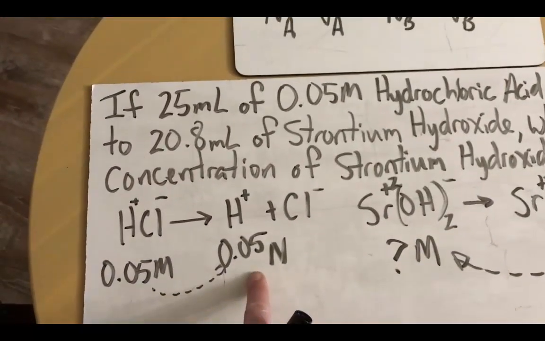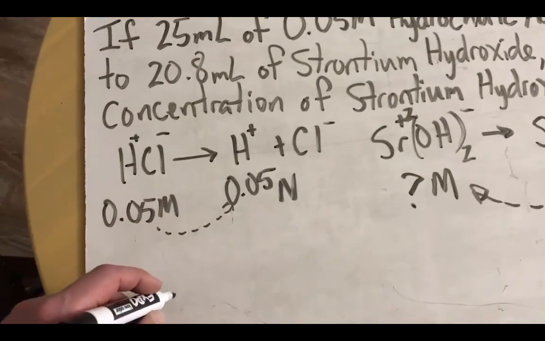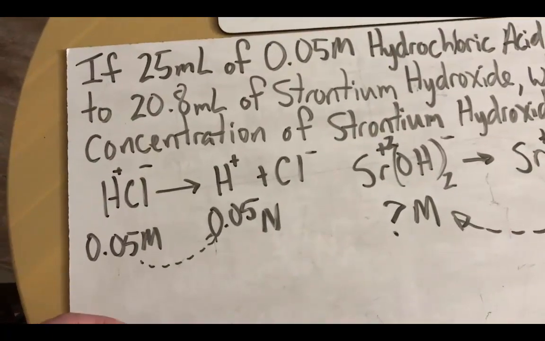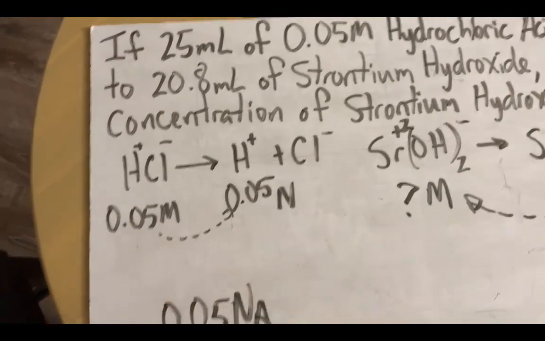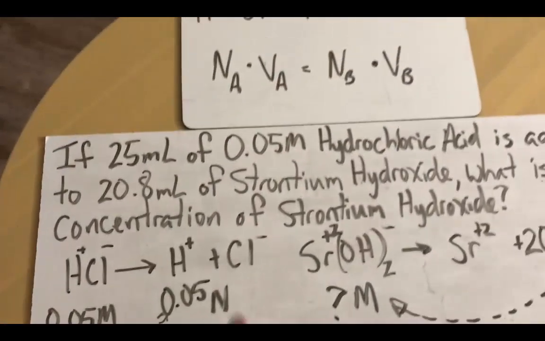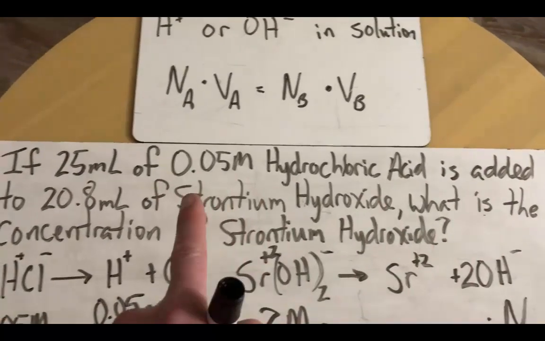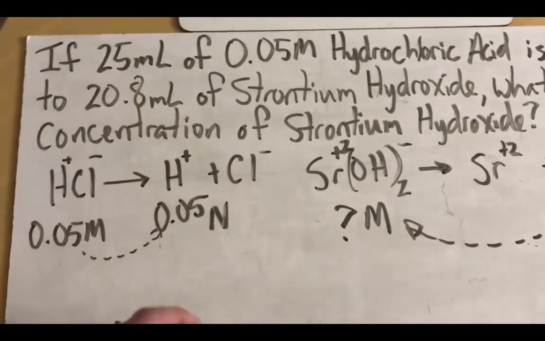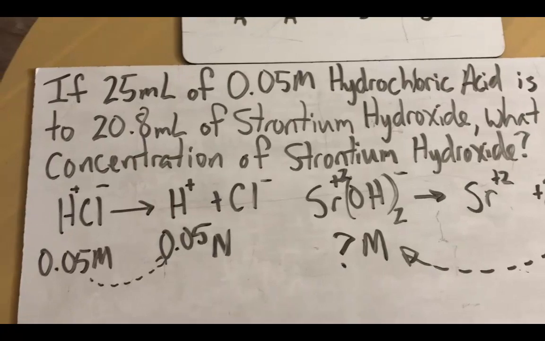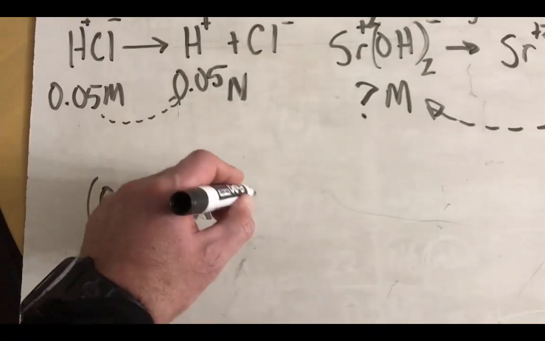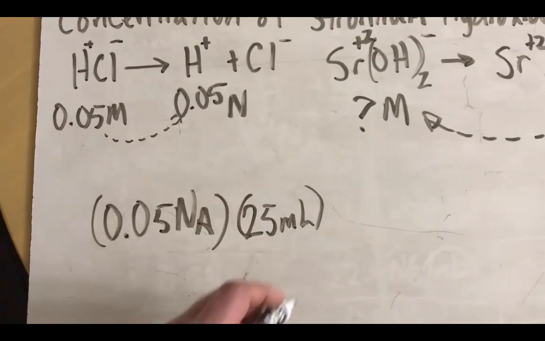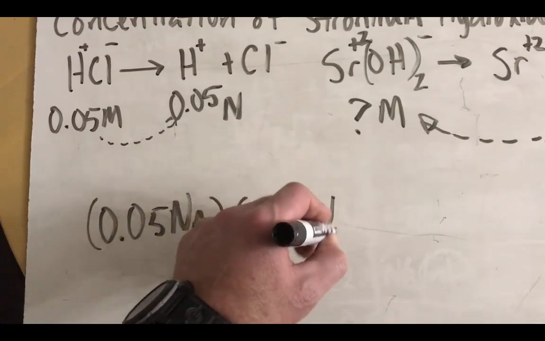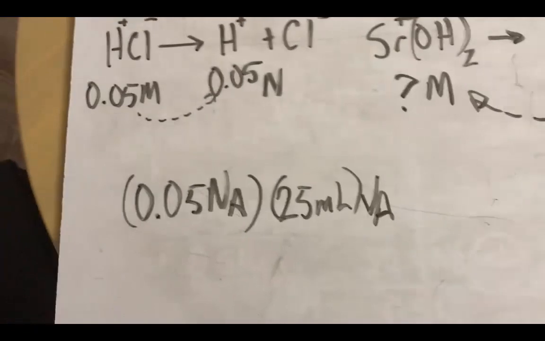But let's continue. All right, so I'm going to take what I know and put it in where it goes. The normality of the acid is here. 0.05 normal for the acid times the volume of the acid. Do they give that to us? Yes, they do. Times 25 milliliters. And this is the volume of the acid. Okay.